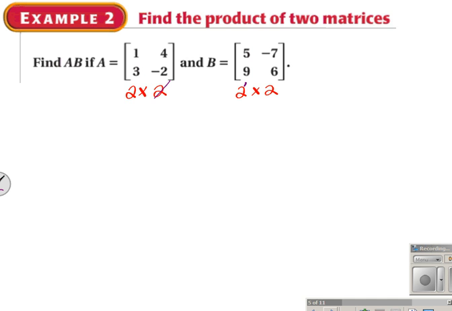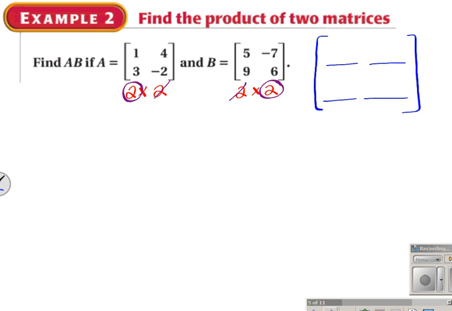Our inner dimensions cancel out or are equal. So that means our resulting matrix will be a 2 by 2. So I like to start by actually drawing in the product, your final matrix. And we have 4 elements that will be in there.